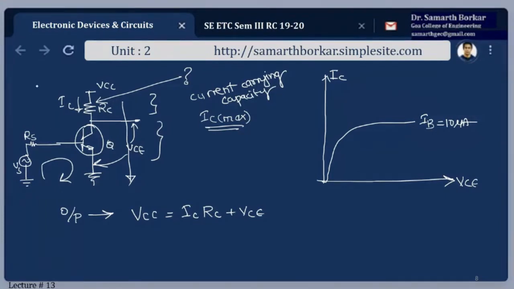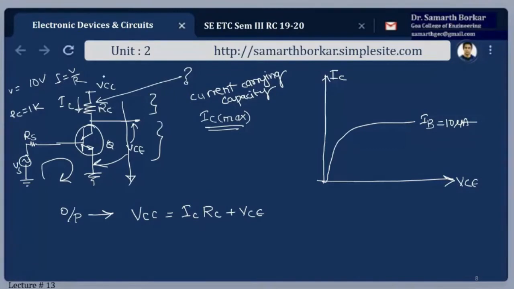If VCC is 10 volts and the resistance RC is 1K, then what will be the current in the circuit? It will be V by R, so 10 volts by 1K, which is 10 milliamperes. Fine.